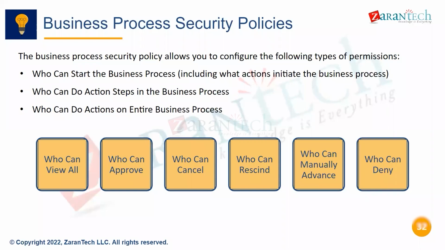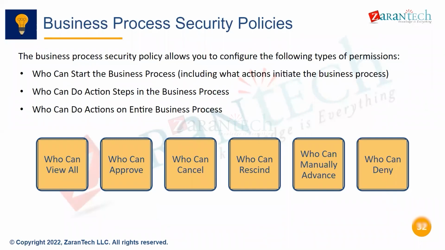Let's say, for example, the termination business process. For the termination business process, which security group can initiate it, who can perform the termination action for any employee. Ideally, in any organization, we provide this access to the talent service or the core HR data management team who just perform transactional data in Workday.